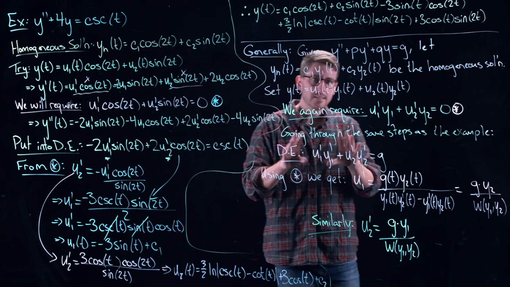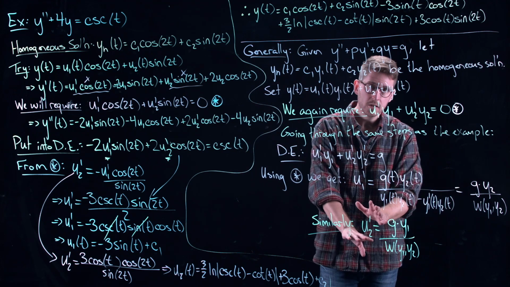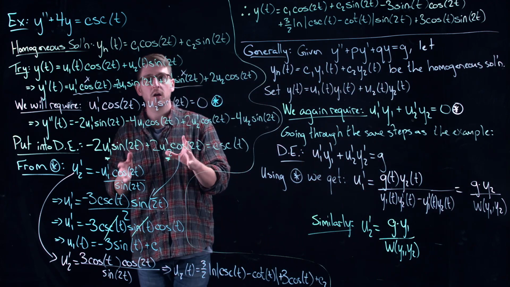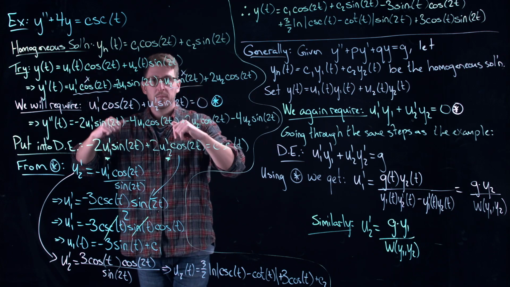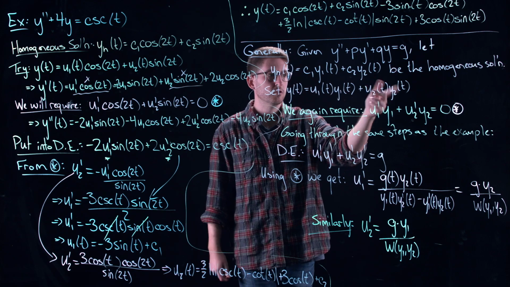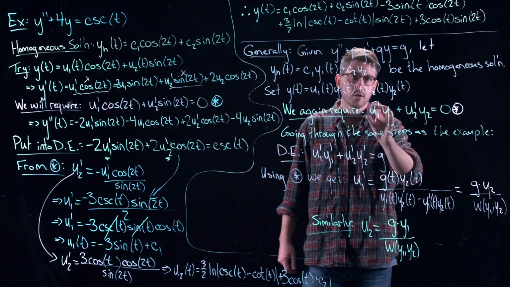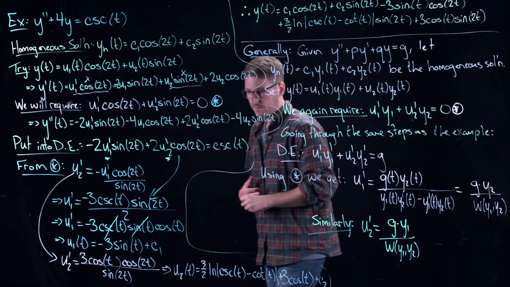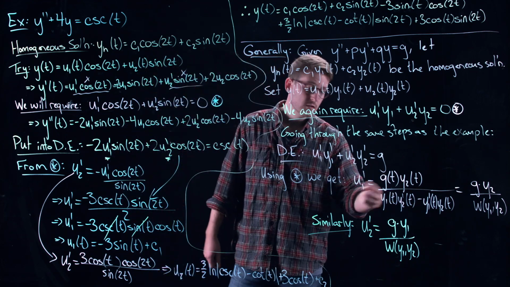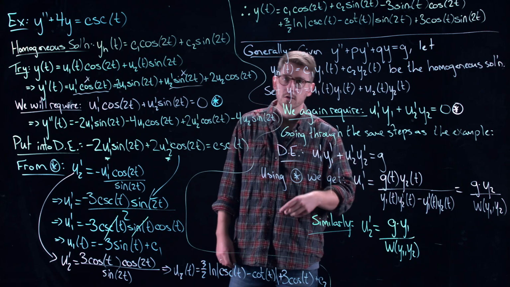Now, last thing, if you forget all of these formulas, that's fine. You can work it through using exactly the same logic that we did when we did the example. You just need to remember that it has this specific form, u1 y1 plus u2 y2, and that you have this derivative condition. The beauty here is you get very, very simple differential equations, and it's just a straight integration process.